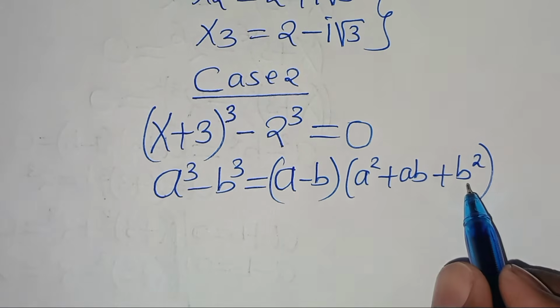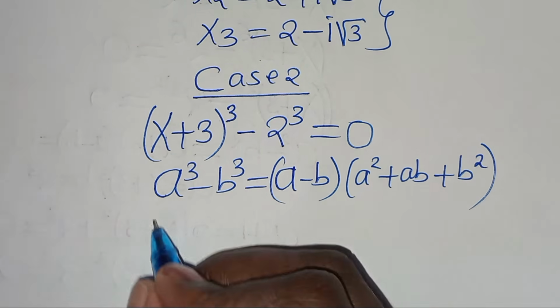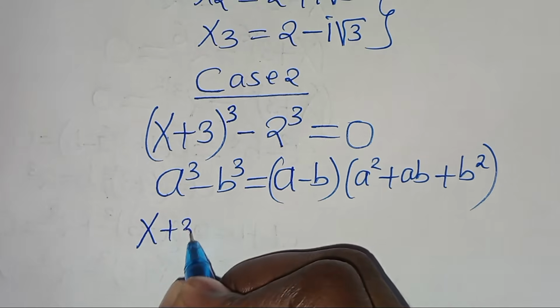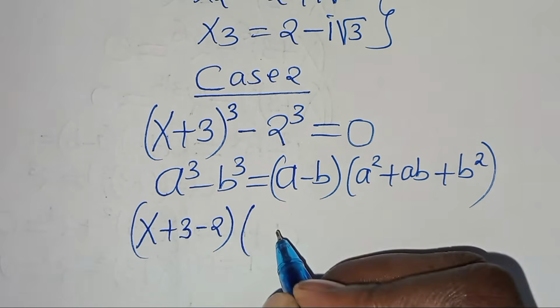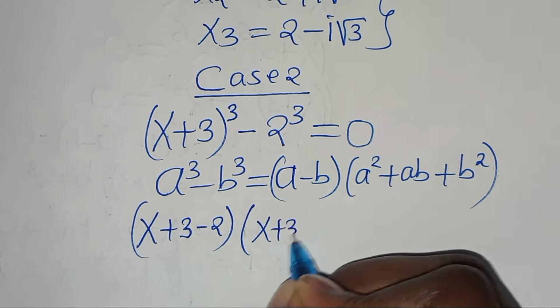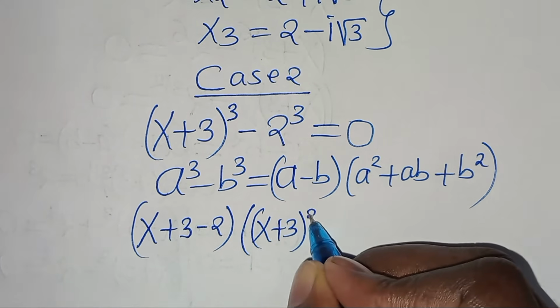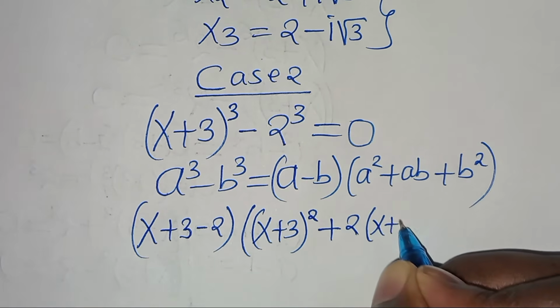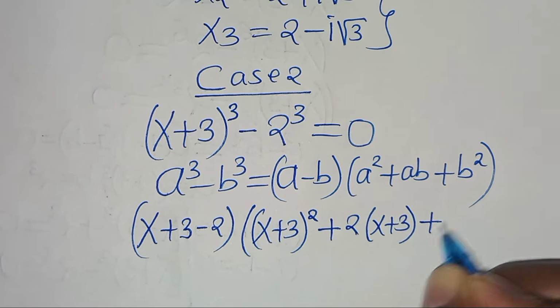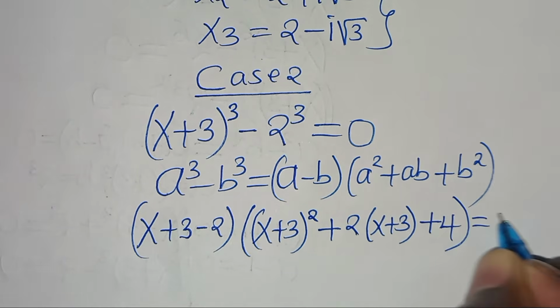Applying this identity, we have (x plus 3 minus 2) times ((x plus 3) raised to the power of 2, plus 2 multiplied by (x plus 3), plus 2 squared, which is 4), equal to 0.